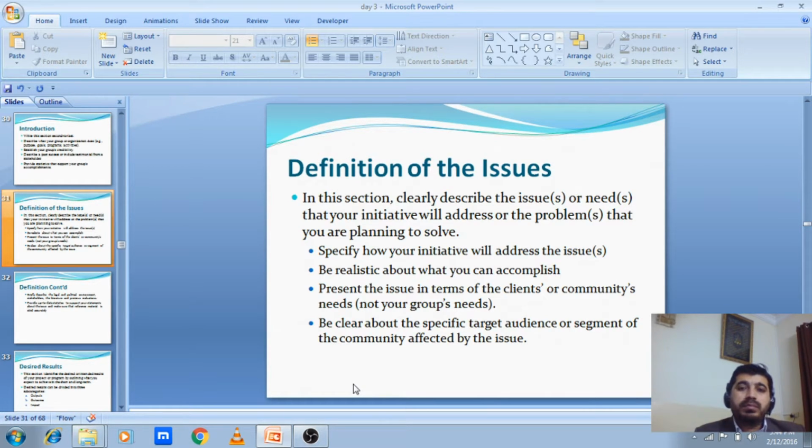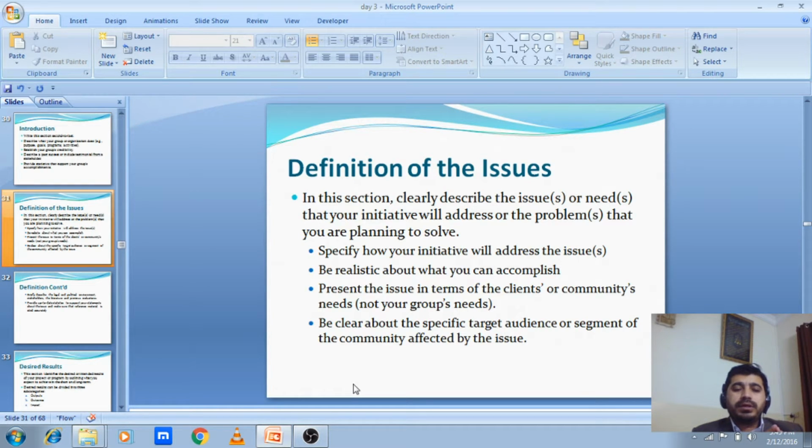What can be the implications if they are left unaddressed? You need to specify its importance, number one, and then the solution. So how will your project initiative address the issue? Here you need to be realistic. How can you achieve that? How can you accomplish that?